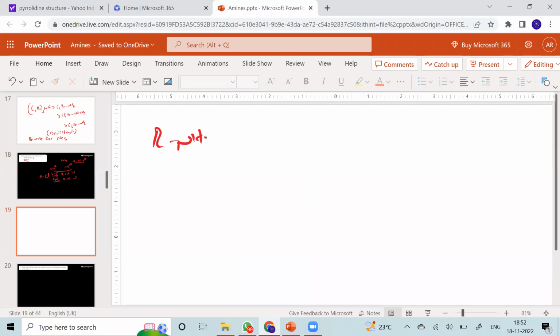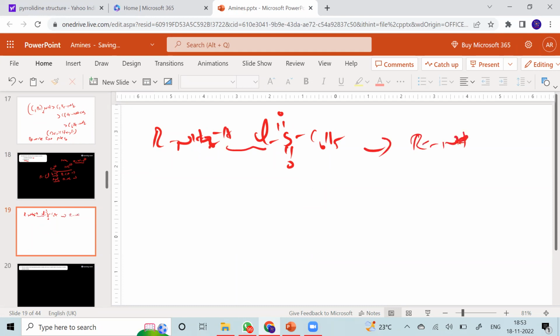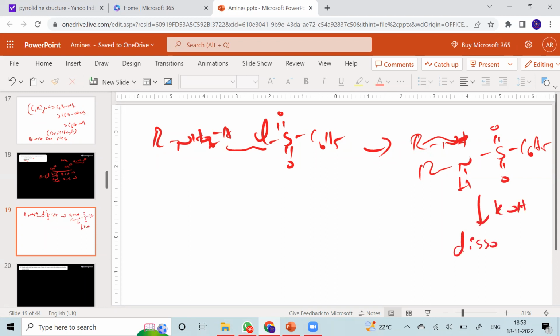You will take a primary amine and make it react with C6H5SO2Cl, the benzene sulfonyl chloride. Now you will remove one HCl and you will form RNH-SO2-C6H5. Now if I put KOH here, you will get a completely dissolved solution because this hydrogen is acidic.